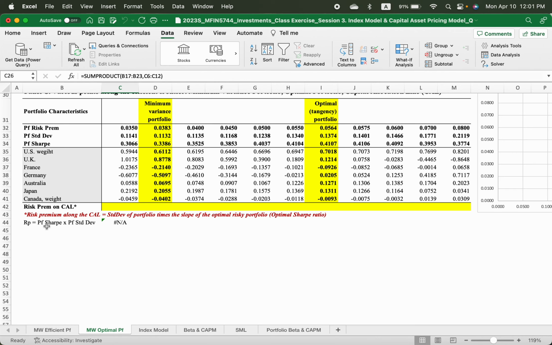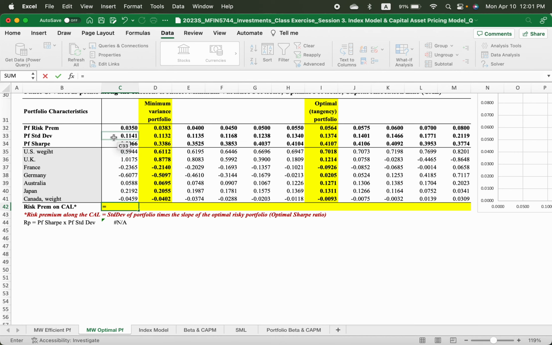Is that right? Yes. So we can just rearrange this to get the risk premium on the capital asset allocation line that has the same Sharpe ratio, because the slope is the same on this capital allocation line.